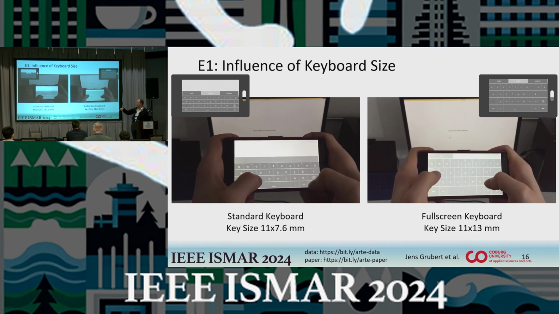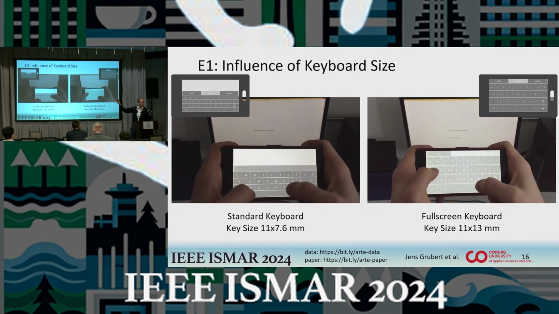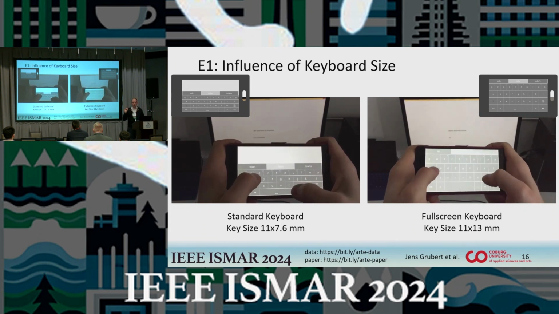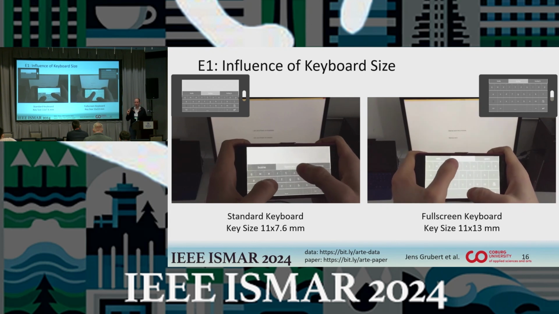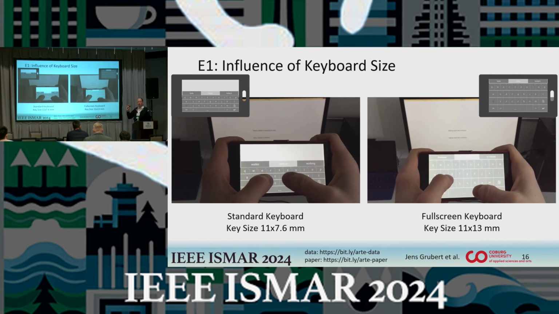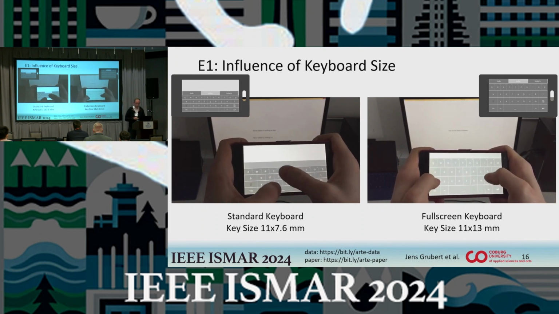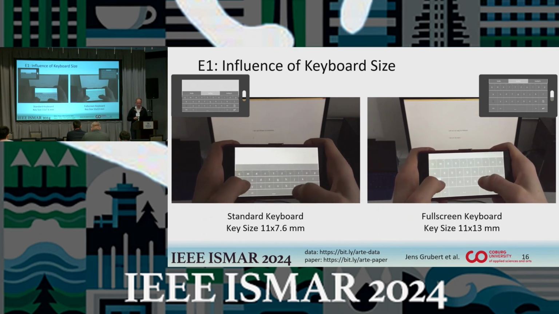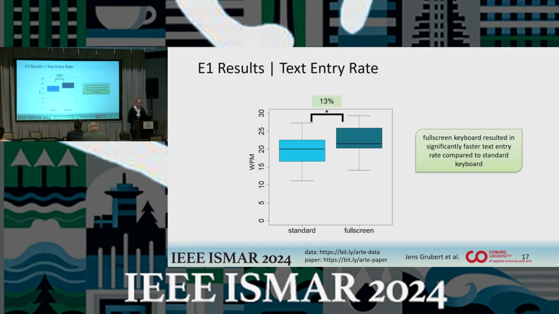As you can see, the text output was redirected to an external monitor to exclude that as a confounding factor. We used the mobile phrase set from Vertanen and Kristensson as input, and most of our conditions lasted around 15 minutes for all our studies, by the way. I just want to look at a key metric here, which is text entry performance in terms of words per minute. And as you can see, as expected, a full-screen keyboard leads to higher text entry rates, significantly so. All good.